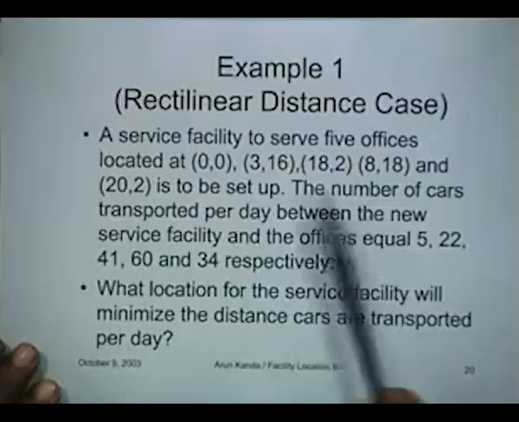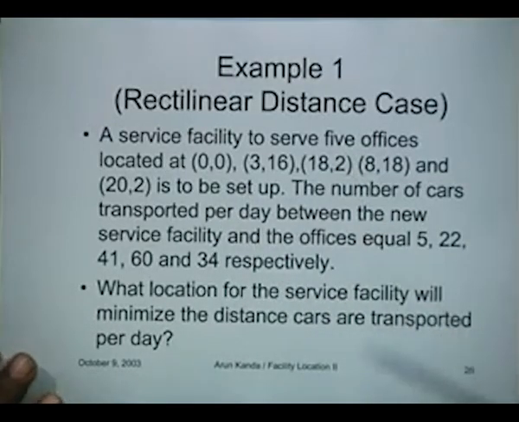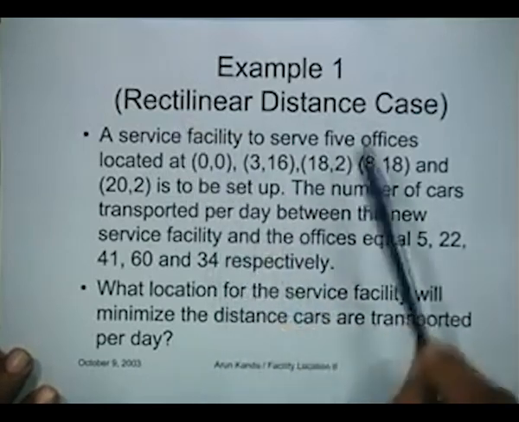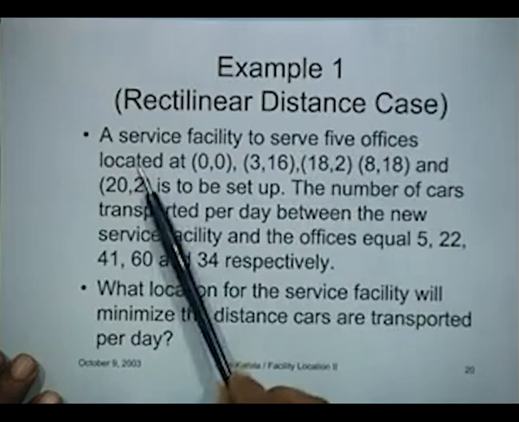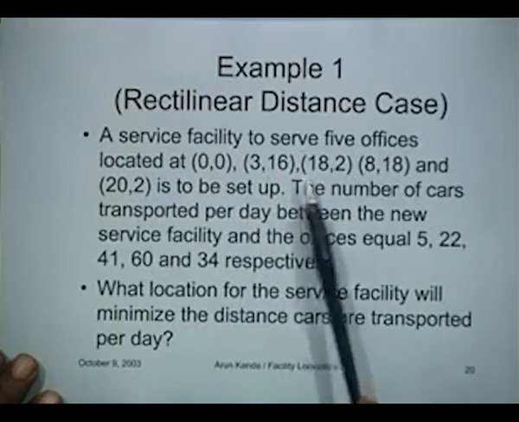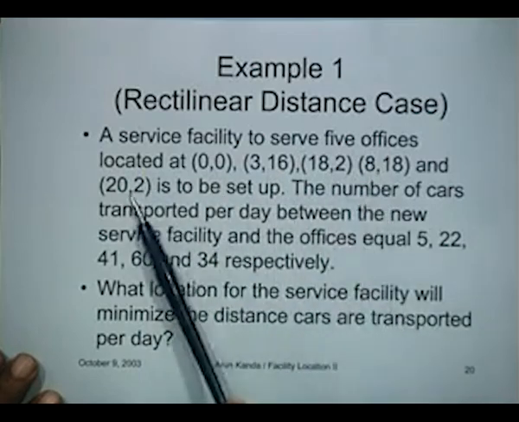So, ultimately, let us take an example to illustrate what we have been talking about, and we will use this framework of the example with different distance measures. For instance, let's assume that a service facility to serve 5 offices located at (0,0), (3,16), (18,2), (8,18) and (20,2) is to be set up.